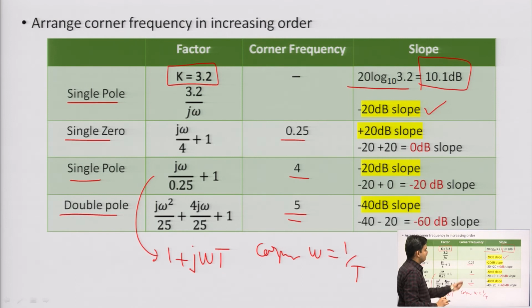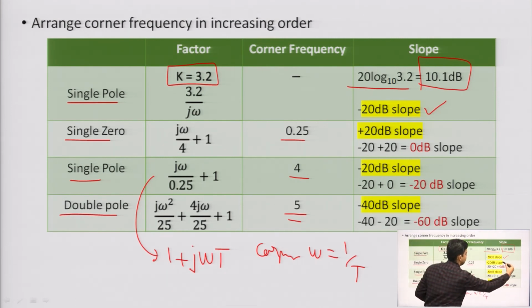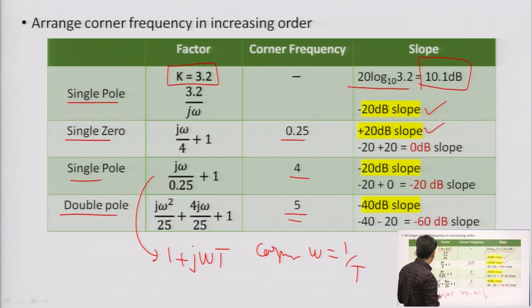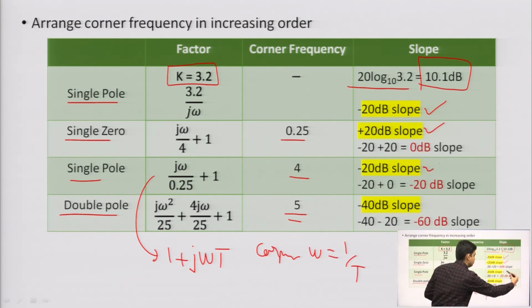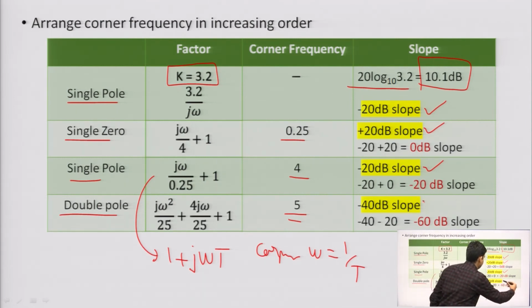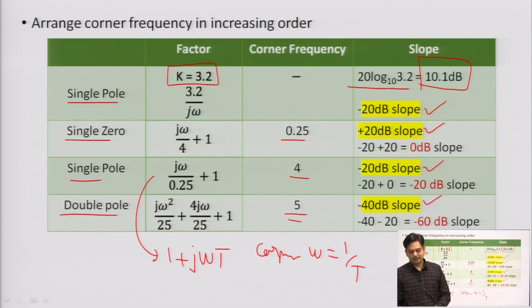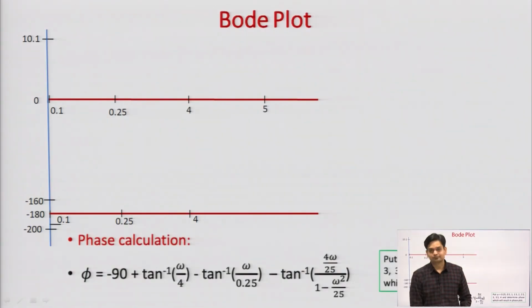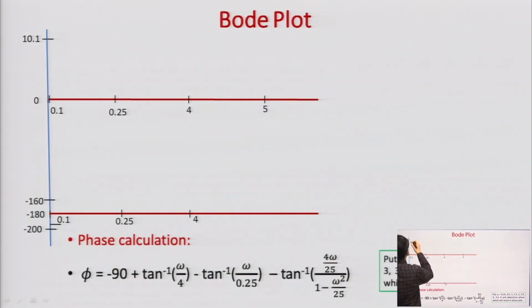Whenever a single zero is here, we will get a plus 20 dB slope. Whenever a single pole is here, we will get a minus 20 dB slope. When a quadratic factor means 2 poles are here, we will get a slope of minus 40 dB. Now, start the magnitude plot. My starting point is 10.1, which I got by converting K to dB.